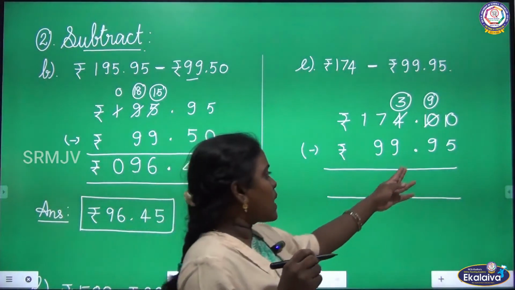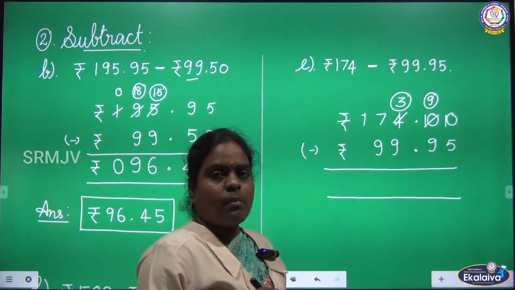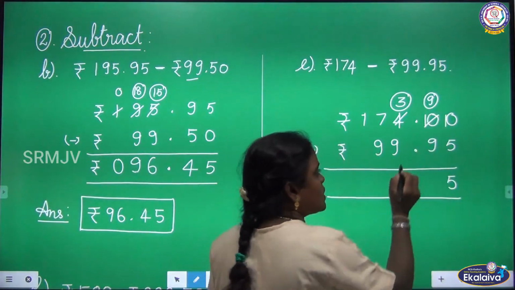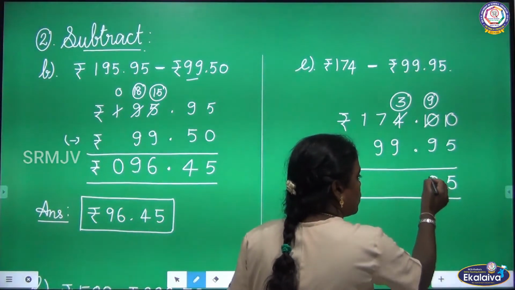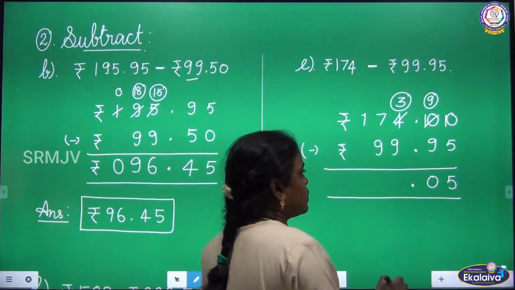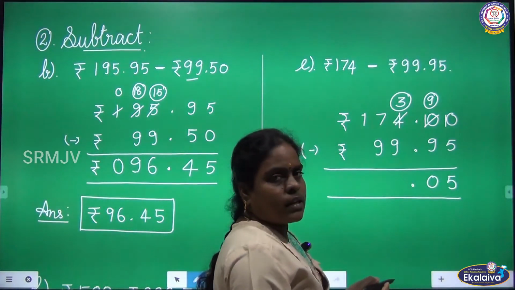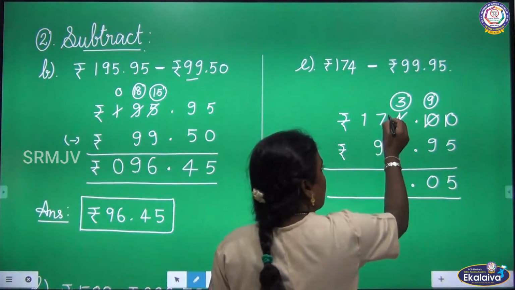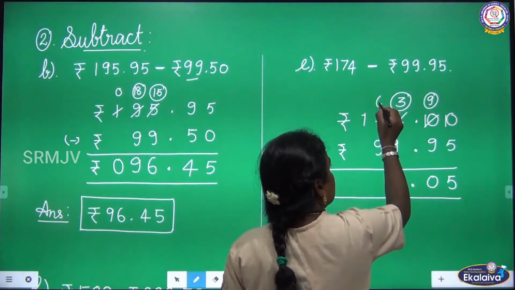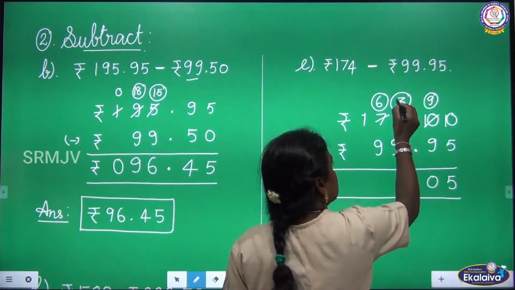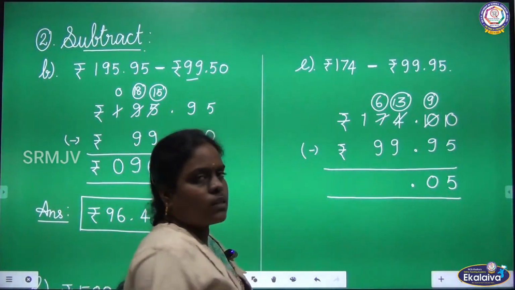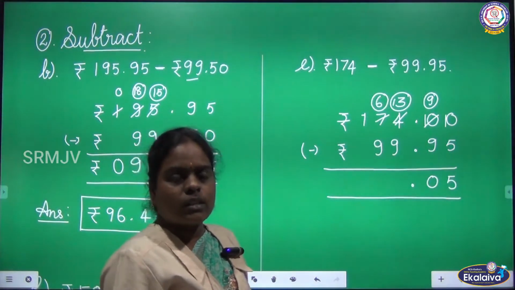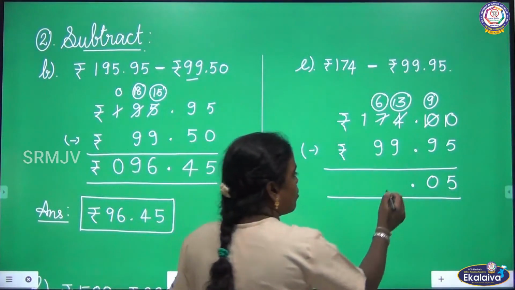Now we can subtract 10 and 5. 10 minus 5 is 5. 9 minus 9, 0. Decimal point. 3 minus 9. Yes, here we have the smaller number in first place. So we are going to borrow from 7 and it becomes 6 and the 3 becomes 13. Now subtract 13 and 9. 13 minus 9 is 4.